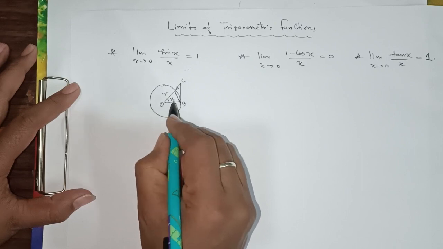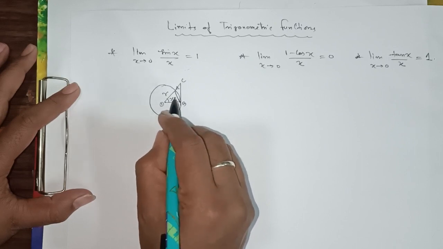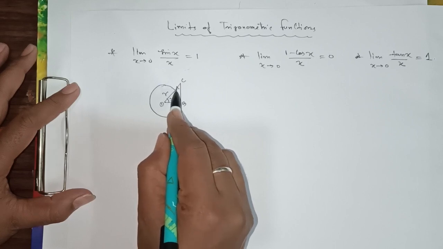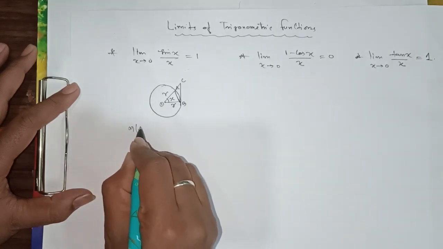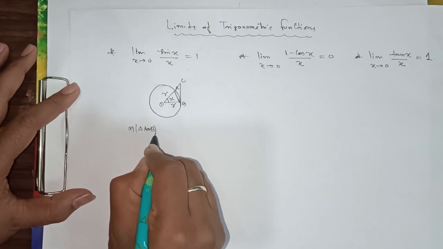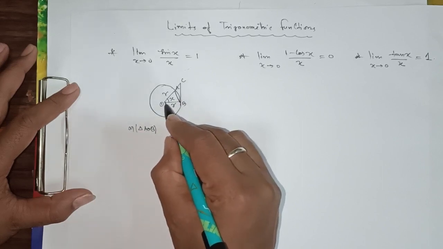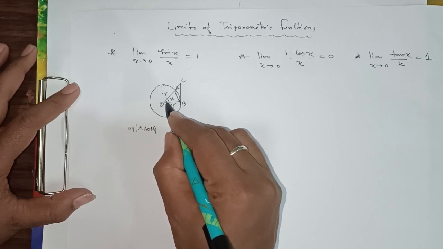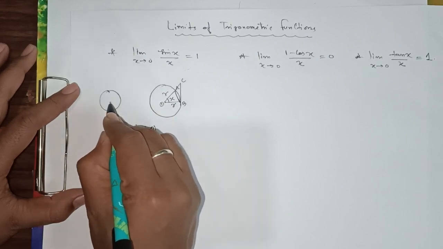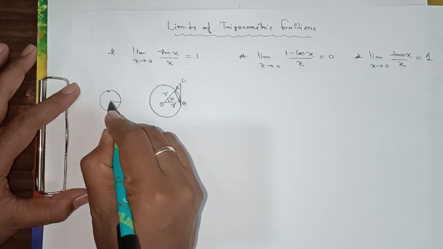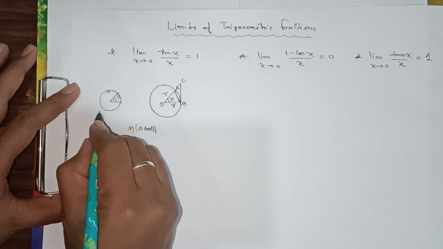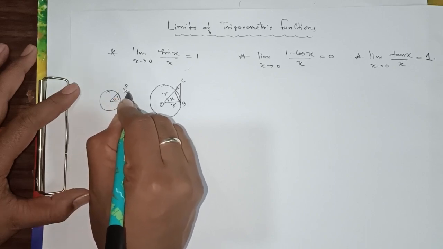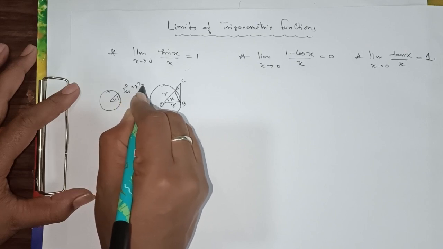Now what you can find: the area of the triangle AOB, and the area of the sector OAB. The sector would be what? If I take a circle, if I take this part, this is the sector. I hope you know. And the sector formula is theta by 360 pi r square.